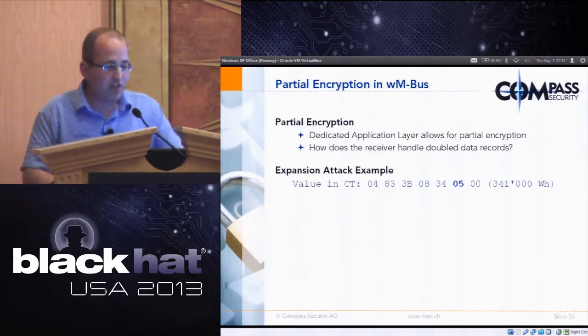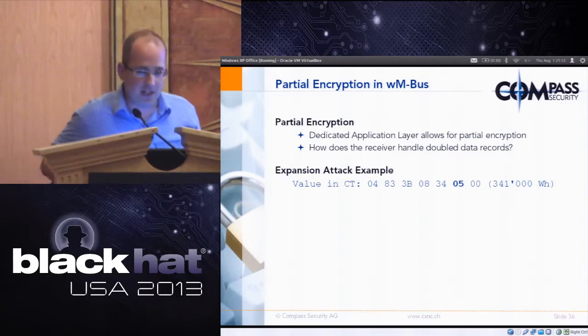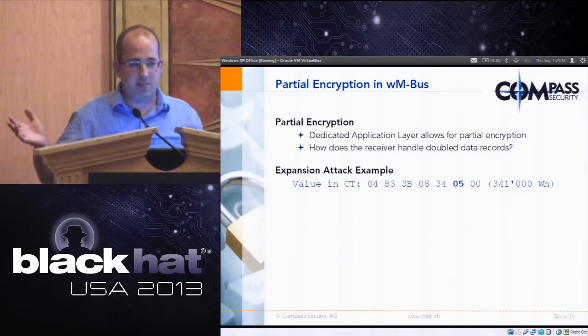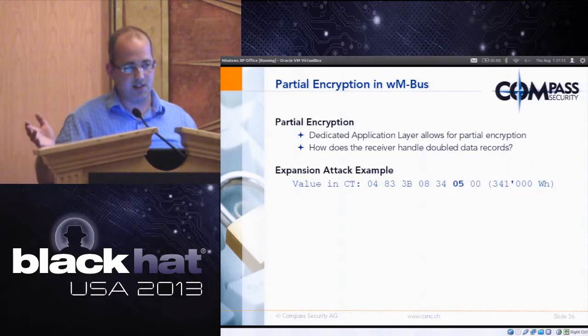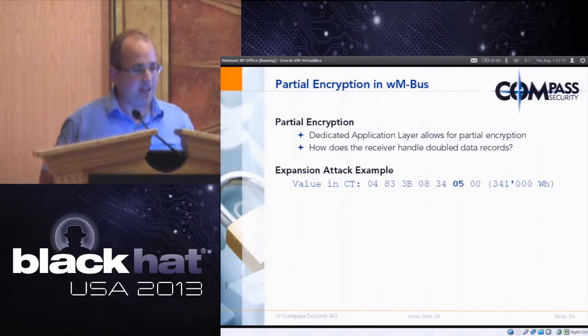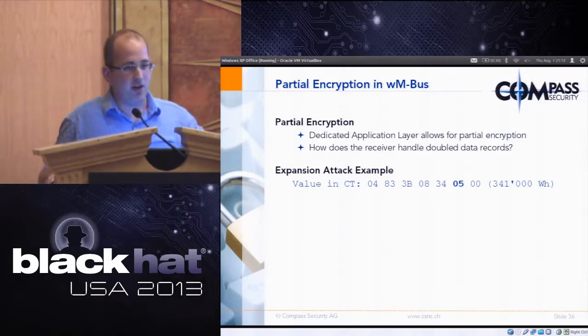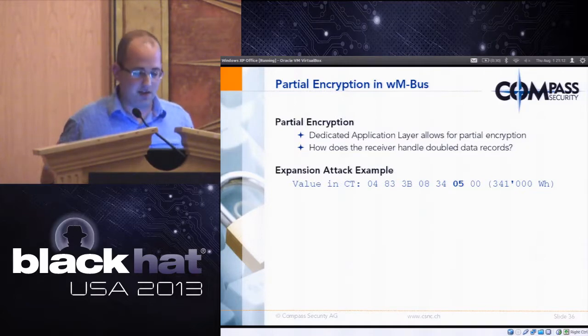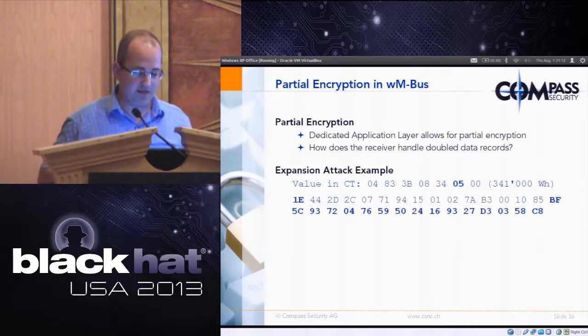So we do have another issue. There's partial encryption. So what does it mean? You can define a part of the protocol being encrypted. Let's say you say, I have three blocks encrypted and the rest will be plain text. Now what you could do is just pick an encrypted packet and basically append your own plain text and alter the frame length, which is not encrypted as well. So let's say we have that value and it's encrypted, it looks like that.